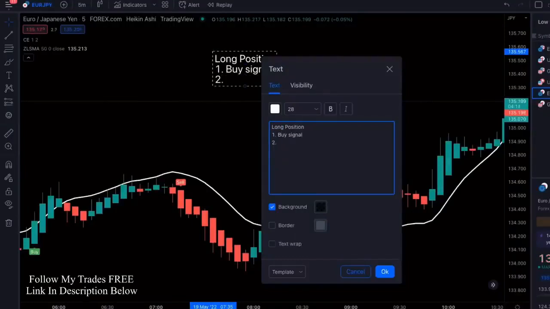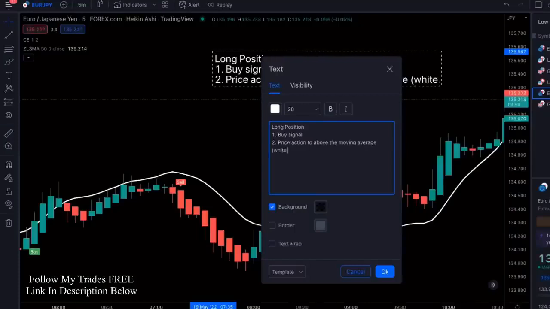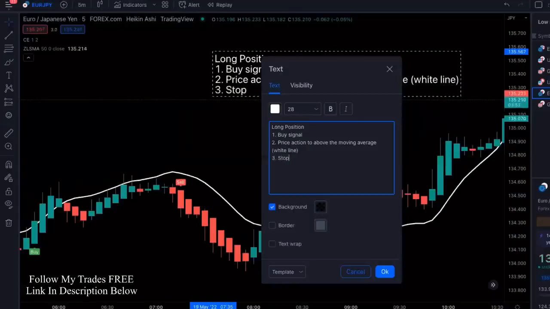Once you get the buy signal, you want the price action to be above the moving average, which in this case is the white line. And then you're going to set your stop loss below, man, I can't type, below the swing low. All right, so let me show you guys what I mean.